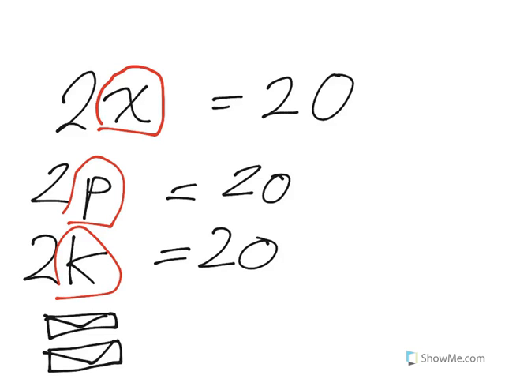Together, both envelopes make 20. Let's make it dollars. If both equal envelopes make $20, how much is in this envelope?